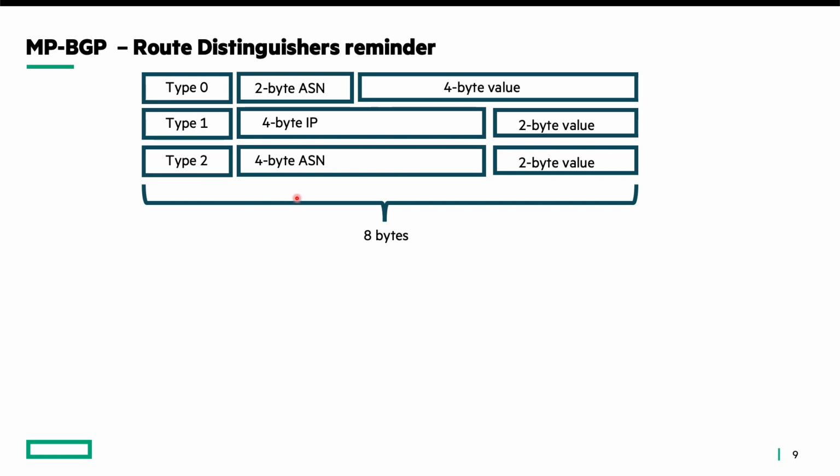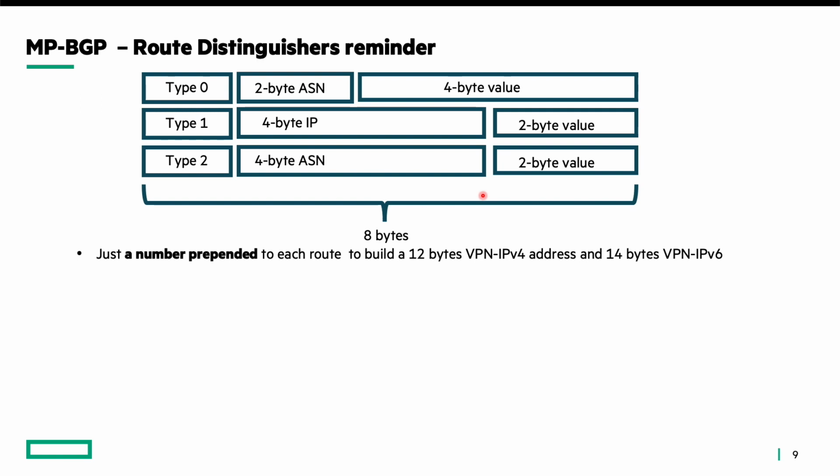We can also use extended AS numbers, using 4 bytes, which leaves 2 bytes for the exact value, or use an IP address format, colon, 2-byte value.